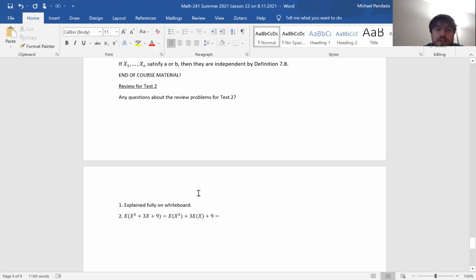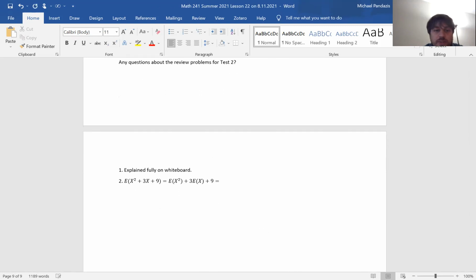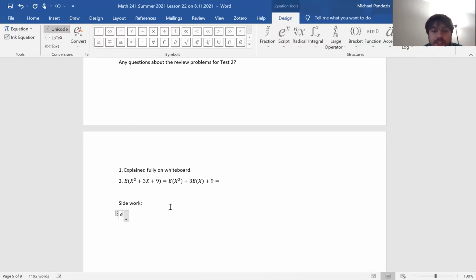Okay, and so now on the side, the side work, you want to find E of X squared, right?